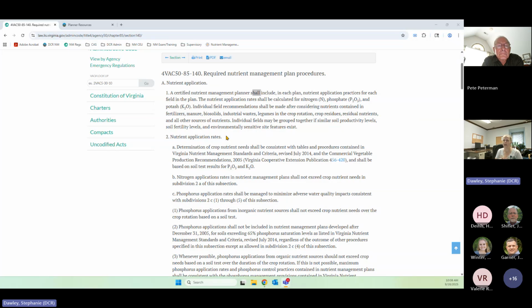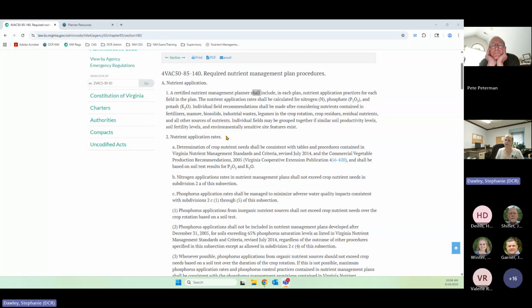So we're not just really looking at what the farmer's actually spreading, but what can be retained from previous crops too. And that's really the main thrust of nutrient management. We're making these recommendations and we're looking at these different sources.